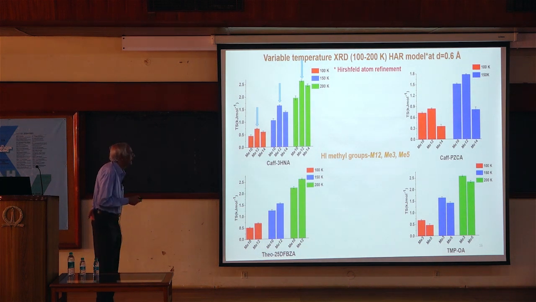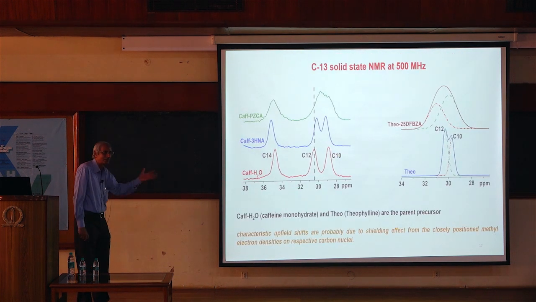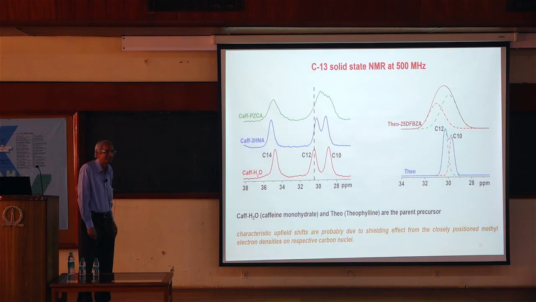We used the Hirschfeld atom refinement to show that even though the temperature brings it down, you see the arrow marks, those are the active methyl groups which are participating in the hydrophobic interactions. They appear to have larger energy associated with the torsional entropy. So the net effect has also been verified by C13 NMR studies done with the help of Ramanathan and his co-workers.